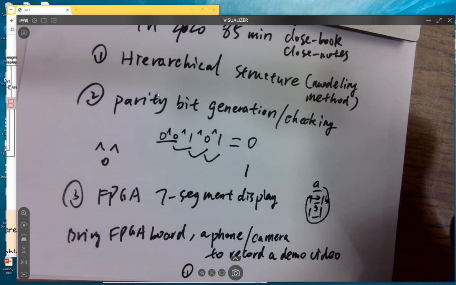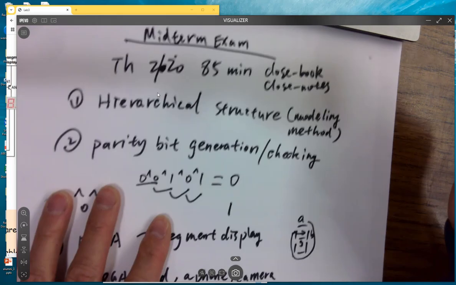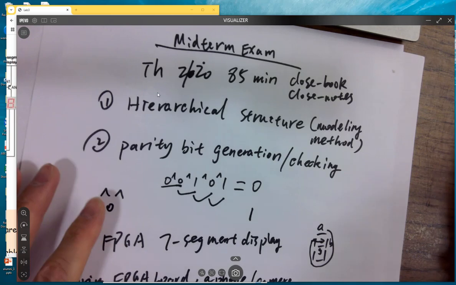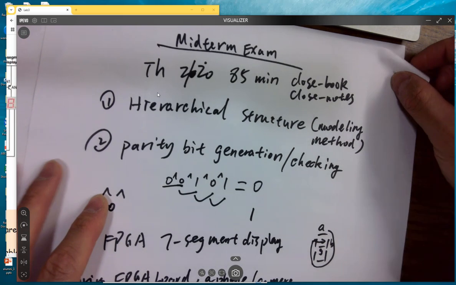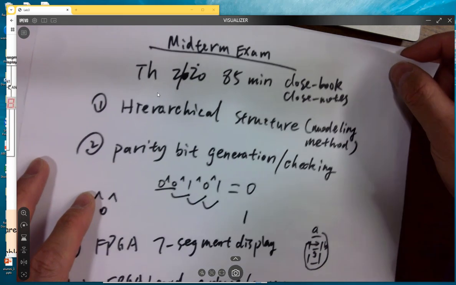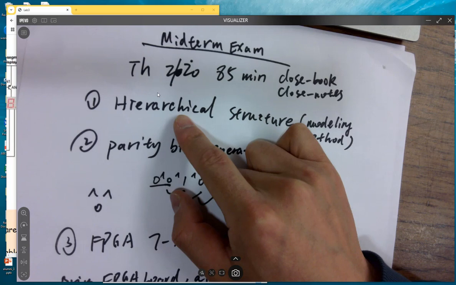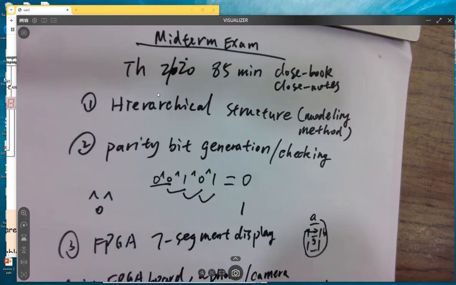And then hierarchical structure, that's like modules, correct? Yeah, just the modeling method, right? We have learned structural, behavioral, and what's the next one? Yeah, the dataflow, and then hierarchical, right? So this one is like the first system.